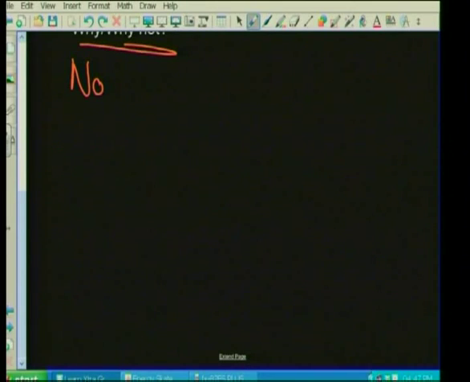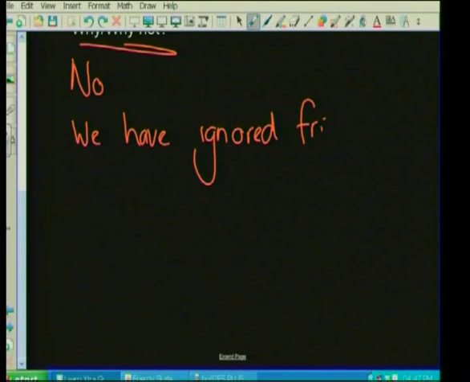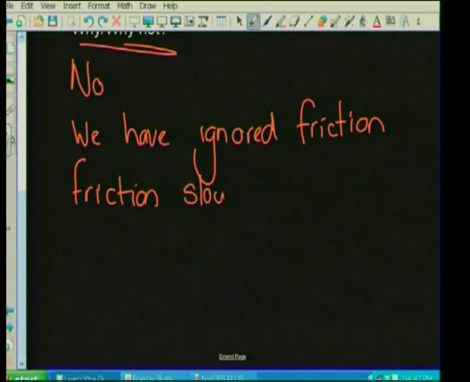Why? We have ignored friction. This is so important. Friction will slow her down. So friction slows her down.